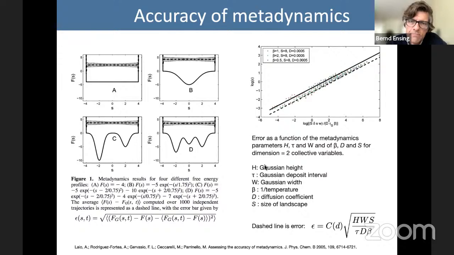So the first 3 are metadynamics parameters. So how high are these Gaussians that you put every time? How often do you put them? And what's the width of them, right? So that's 3 parameters that determine the error. So if you make the Gaussians very high or very wide, or if you put them very often, then the error goes up with the square root of the height and the width.